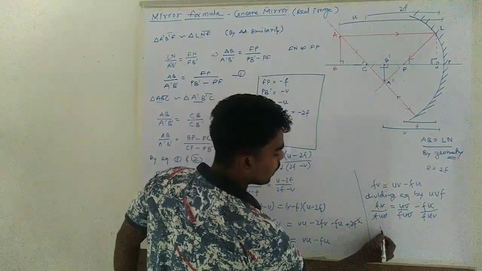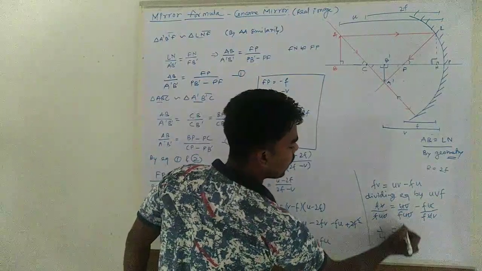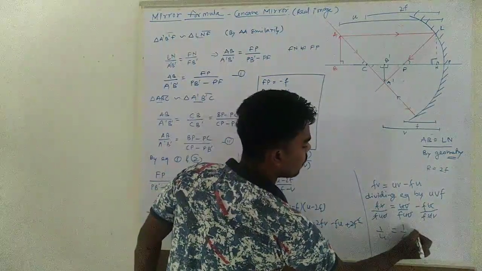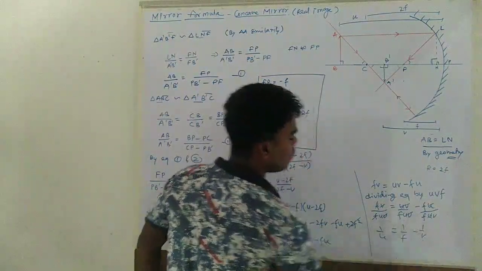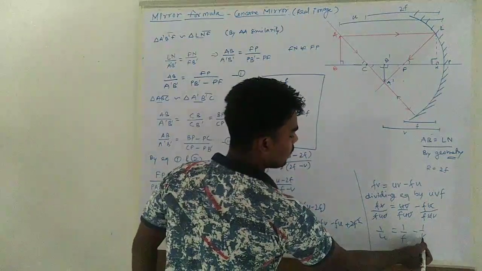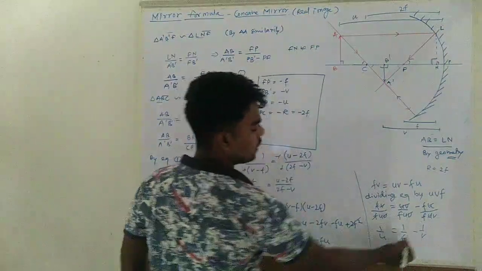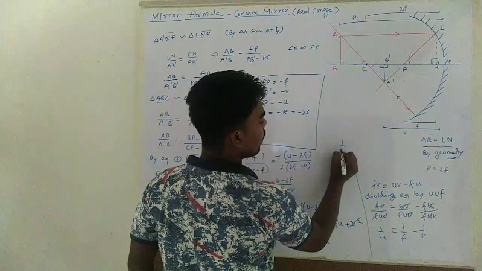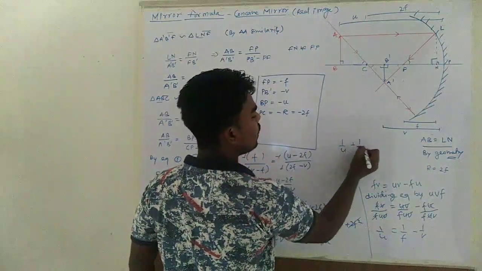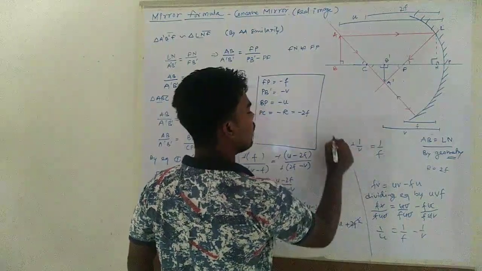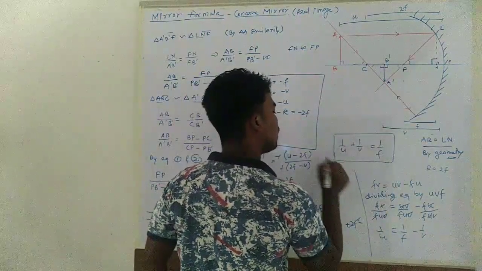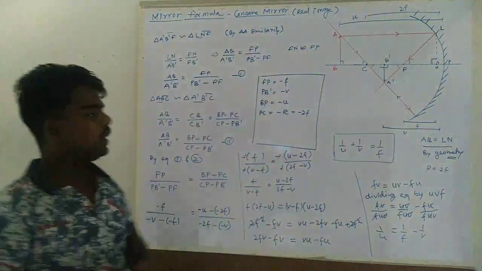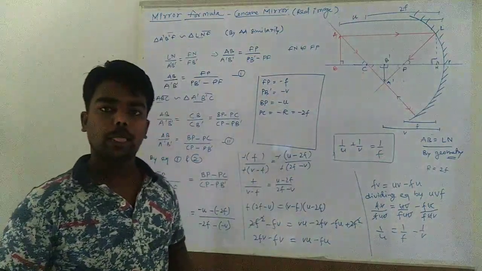So here you will get 1 upon U, here you will get 1 upon F, here you will get minus 1 upon V. If you take this V to this side, the negative will become positive, and this will become 1 upon U plus 1 upon V is equal to 1 upon F. This is your relation.